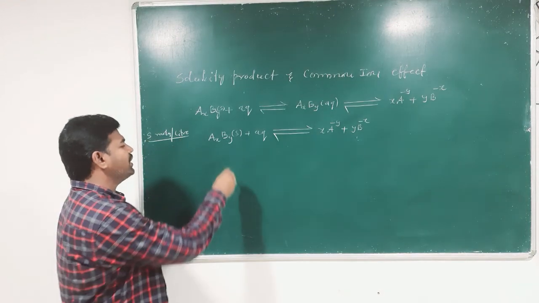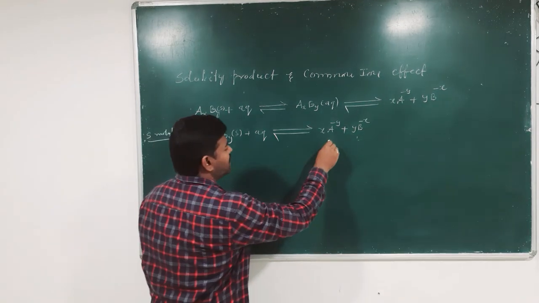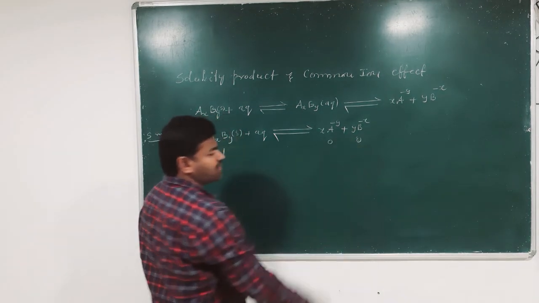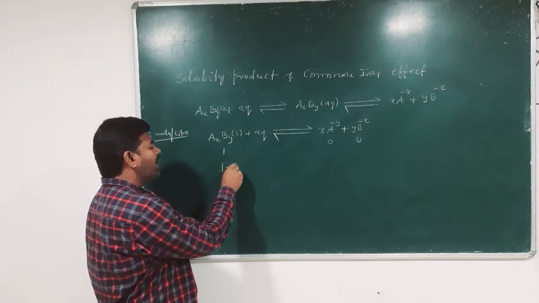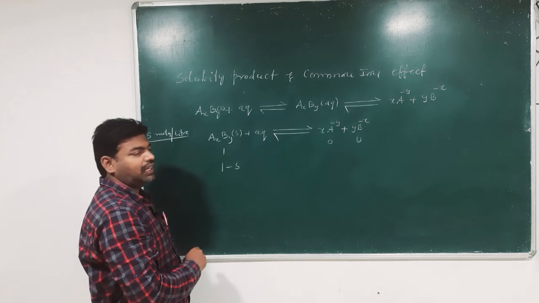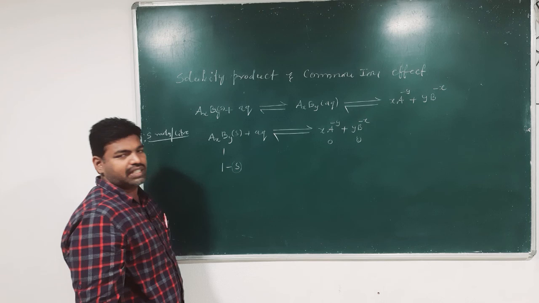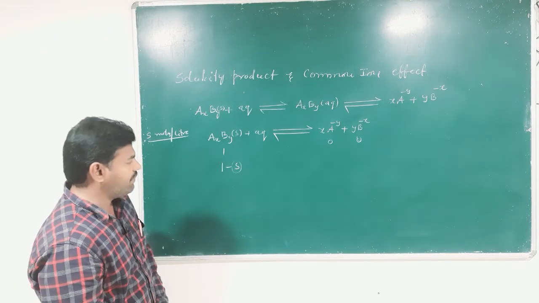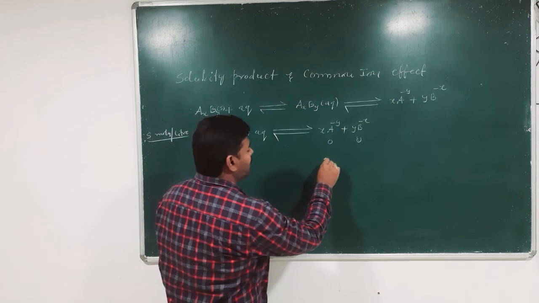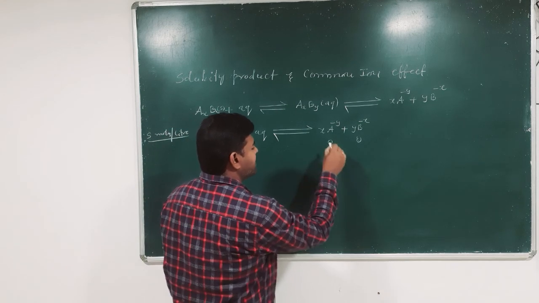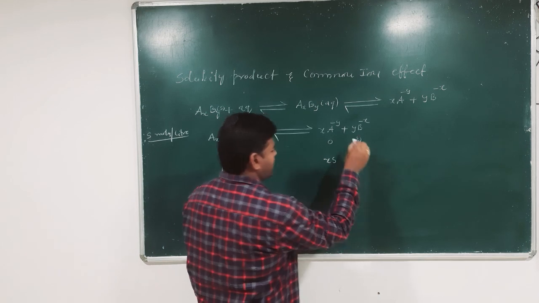Then, initially, if you take 1 mole of electrolyte, the ion concentrations are 0, and at equilibrium the electrolyte is 1 minus S. The S amount decreases from the initial concentration, and that amount forms as xS and yS.